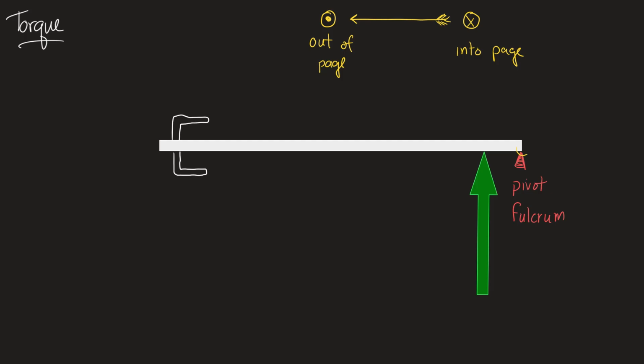So the understanding here is that our applied torque is dependent upon where we apply the force, but it's also dependent on how much force we apply. If I want to increase how hard I turn the door, I can do so by increasing the size of the force I apply. But I know that it's also affected by moving that force to a different location.